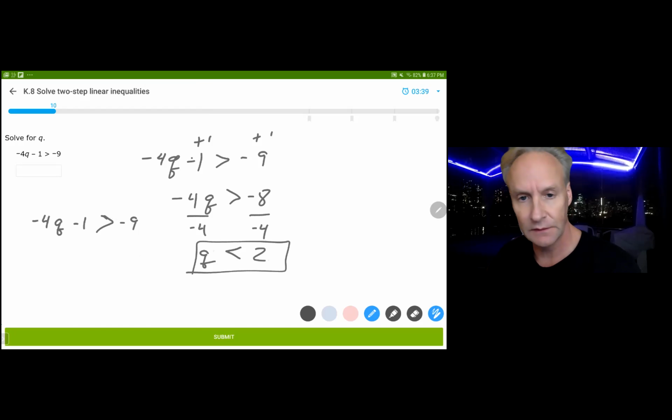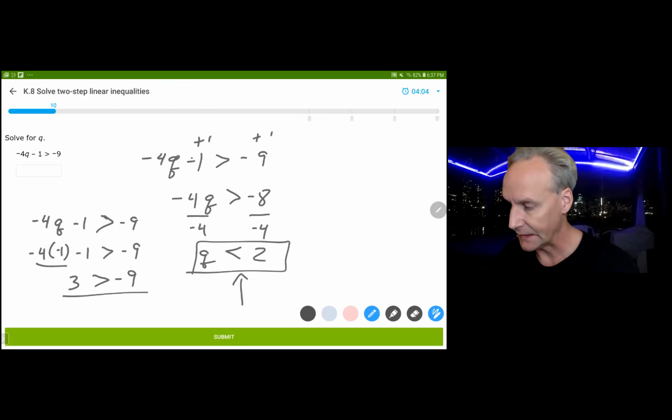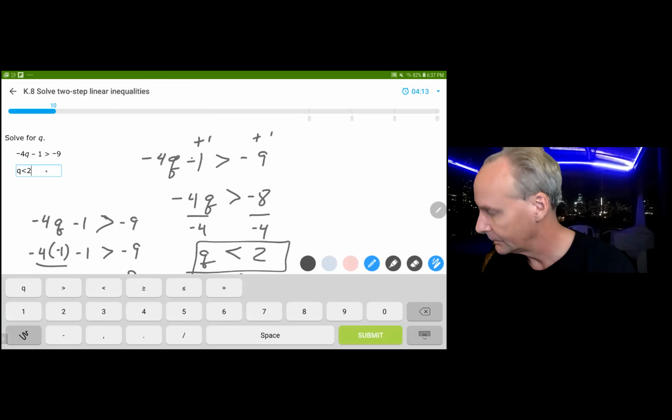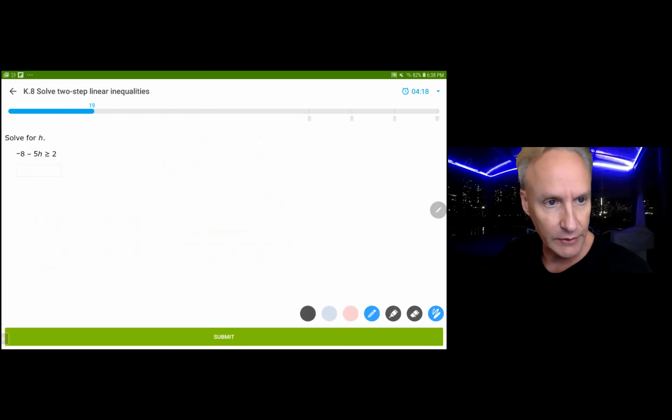Well, if I choose a solution from this set, if I pick q is less than 2, let's say q is negative 1, and I put negative 1 instead of q, that's positive 4 minus 1, which is 3, and that is certainly greater than negative 9. So we can see that at least one solution works for the solution set, and I know it's correct. It's q is less than 2.